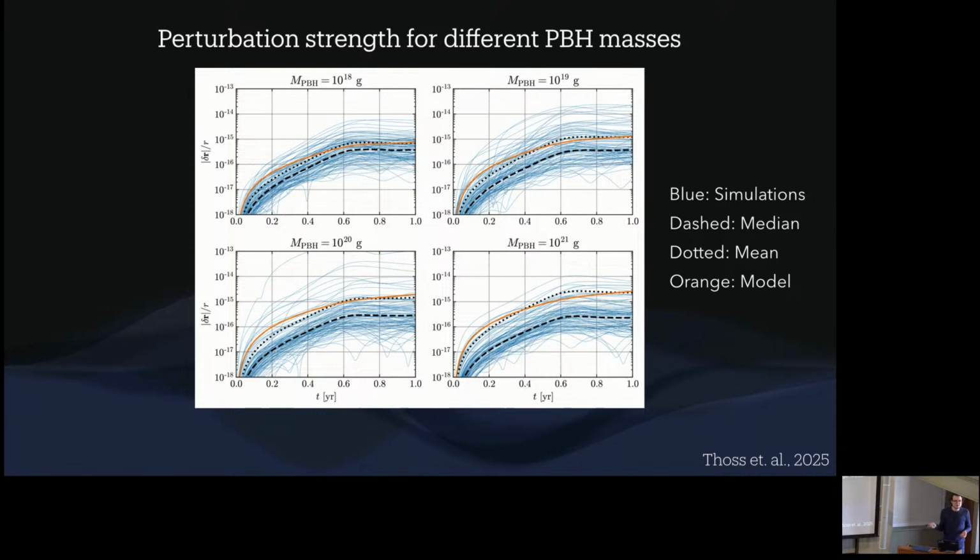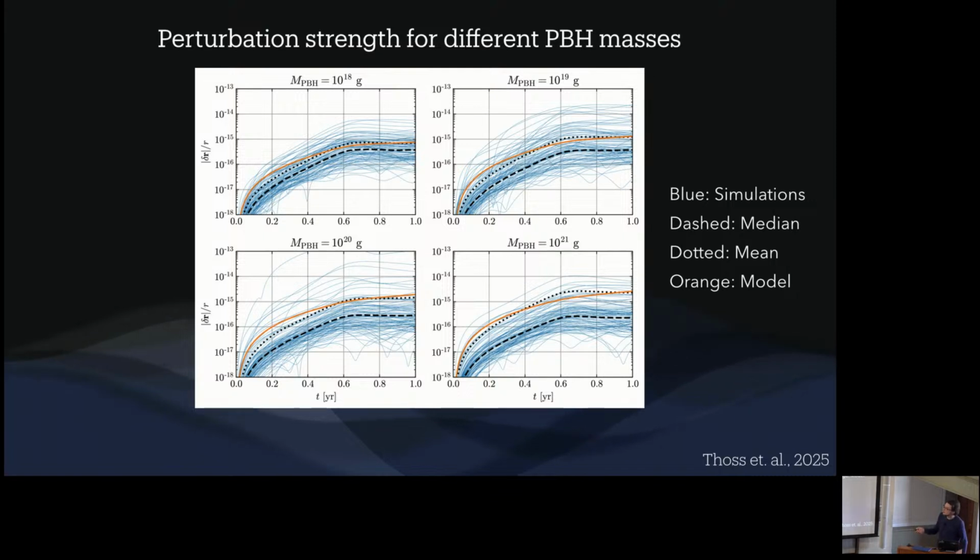So first, over a time span of 1 year, you can look at how those perturbations behave for different PBH masses, making up the entire dark matter. So this is here the relative perturbation of the vector between Earth and Mars. As it grows over time, as more and more flybys happen, and you also get occasionally a more close flyby. You see the blue lines are the simulations.